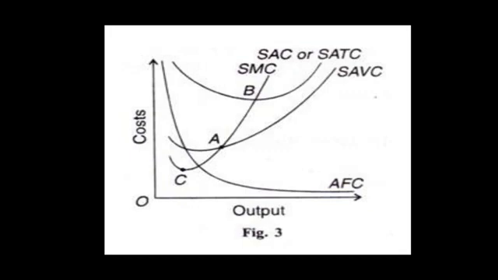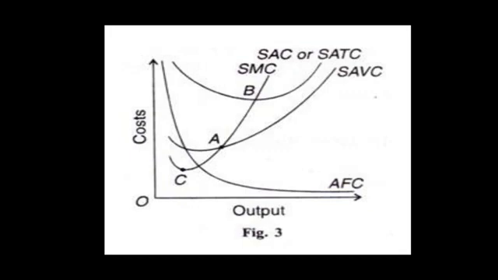It can be seen in this figure that as long as the short run marginal cost curve lies below the short run average cost curve, the average cost curve is falling. Or in some other way, we can state it as: when average cost falls, marginal cost is lower than average cost. Just look at the figure.